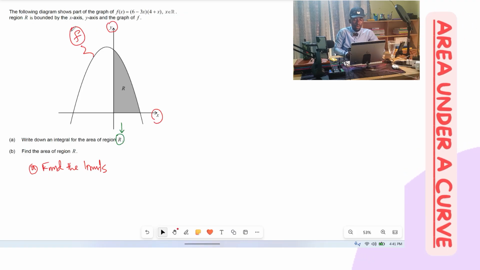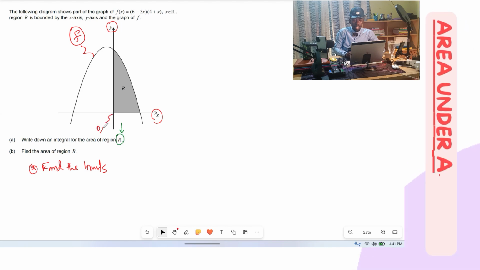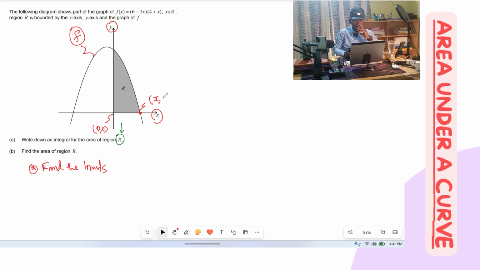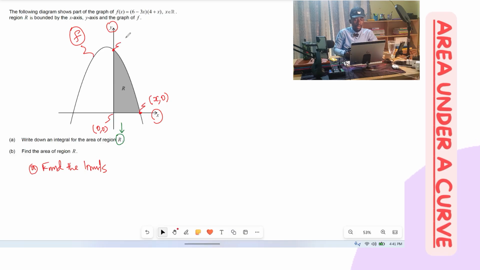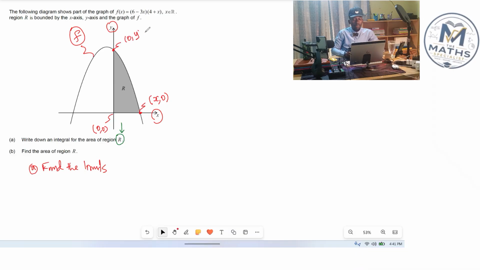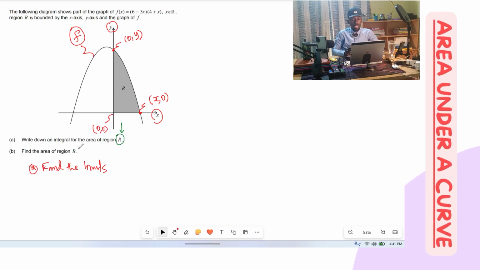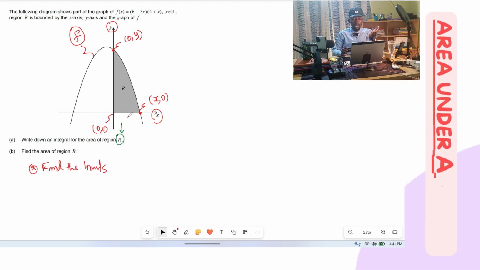We know for sure here is 0, 0, and at the intersection here x is a certain value which we don't know, but y is 0. The same applies here: x is 0, y is a certain value. On finding the integral for the region, you can use the limit of x or the limit of y. But for the nature of our question, we can find the limit of x because that is easy.